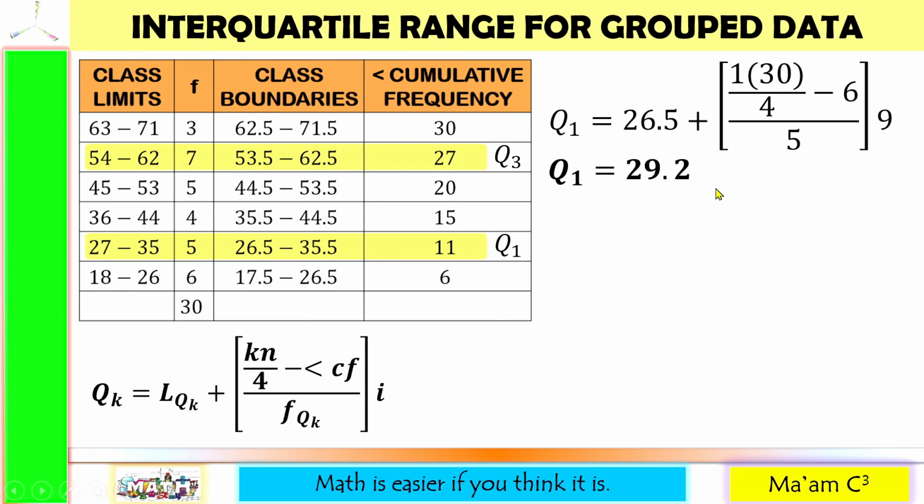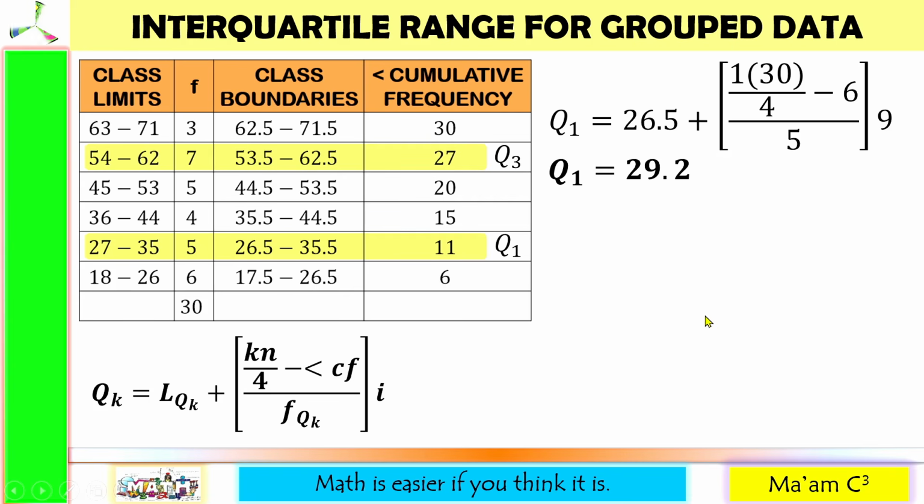Now, how do we interpret this one? Since this is the first quartile, it means 25% of people who visited the drugstore are less than or equal to 29.2 years old.